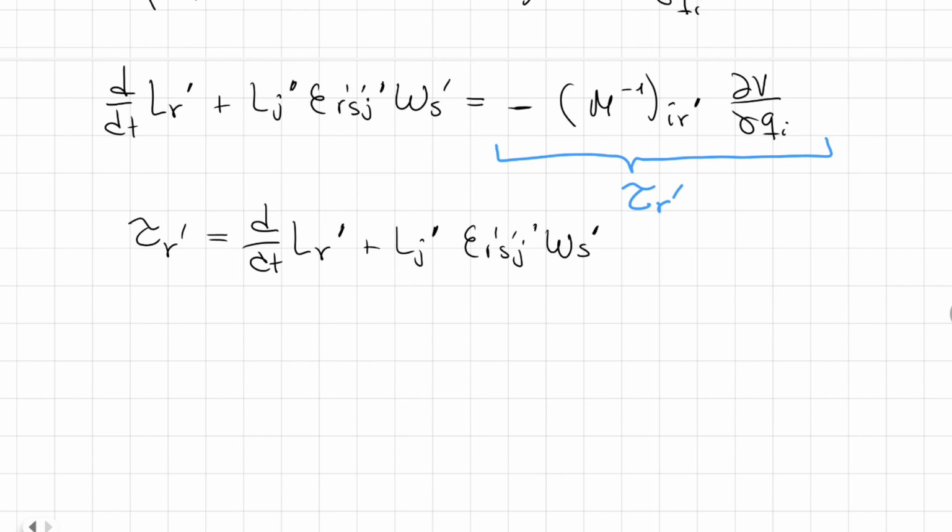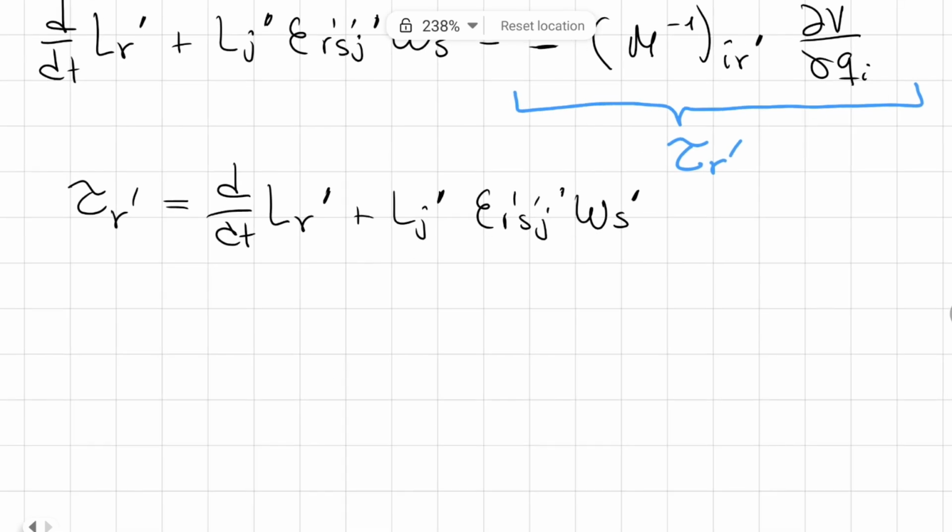This is telling us that we are able to find the torque of the rigid body with respect to the fixed basis on the rigid body. Okay? And that depends on the angular momentum that is also expressed in that basis, and this product that involves the angular velocity and the angular momentum components.